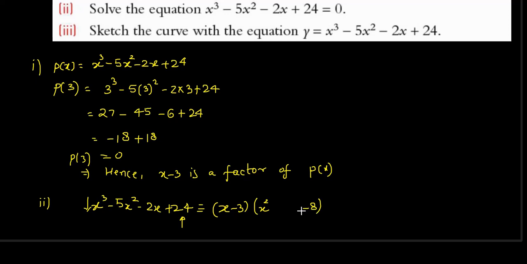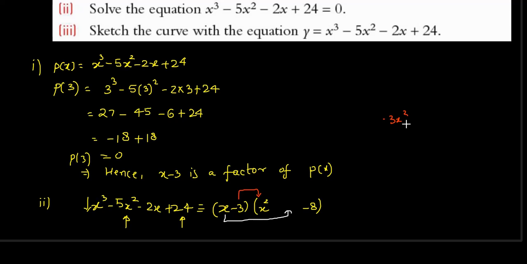minus 8. Now either you look for the x term or you look for the x square term. Let us look at x square terms. There are two ways in which we can get this x square term. One is if I multiply this minus 3 with this x square, I will get minus 3x square. And second is when I multiply this x with the required x term, I will get another x square.